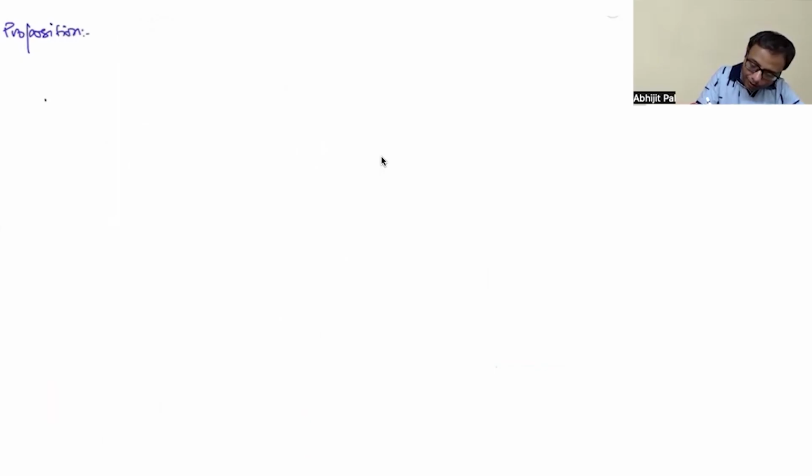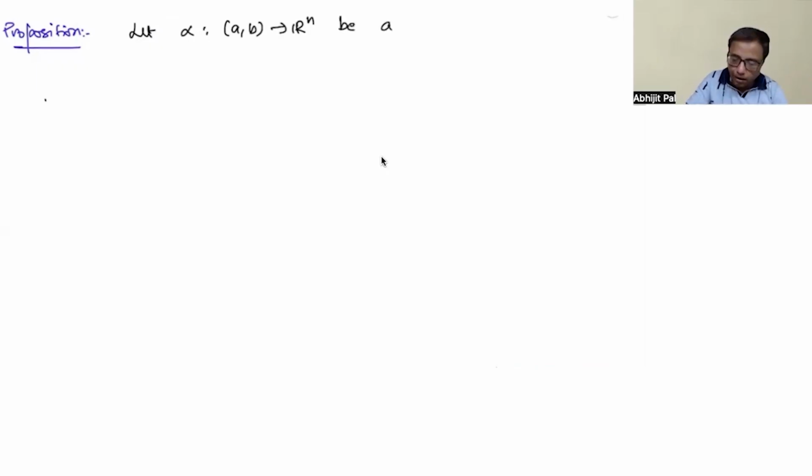Let alpha be a regular curve, and let us, for convenience, also assume that alpha is smooth.